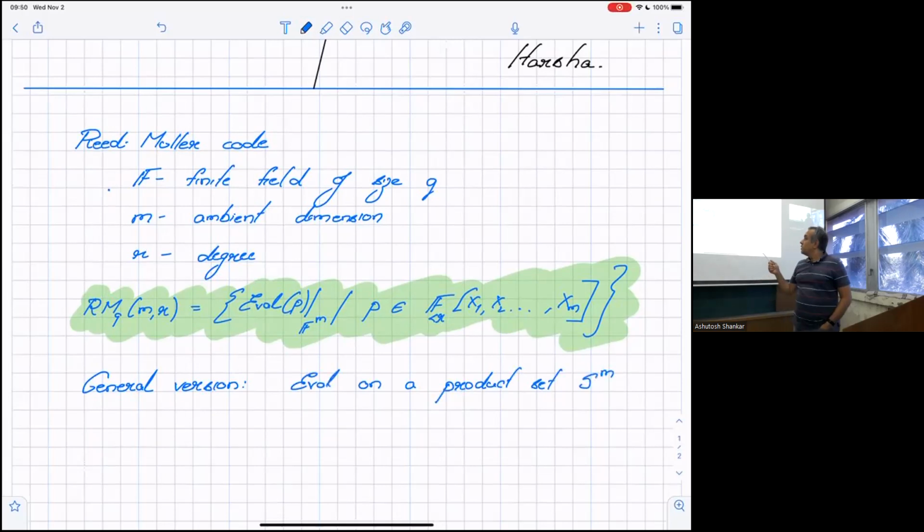Unfortunately, there were no good algorithms for unique decoding in this setting until very recently. It's only as recently as 2016, I think, that we had a unique decoding algorithm that worked for the general setting. Why these product sets are more difficult than the other case, you'll see in the proofs that we study today.